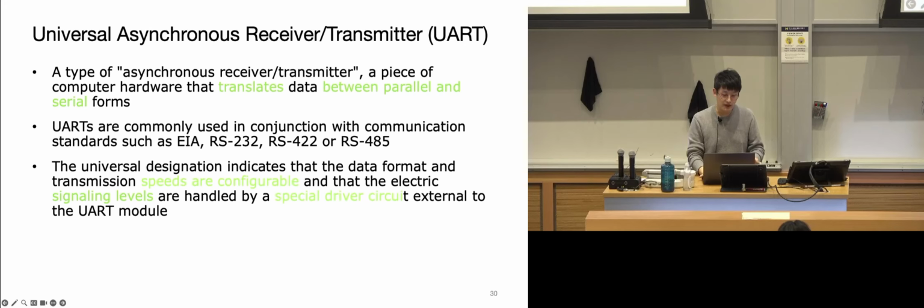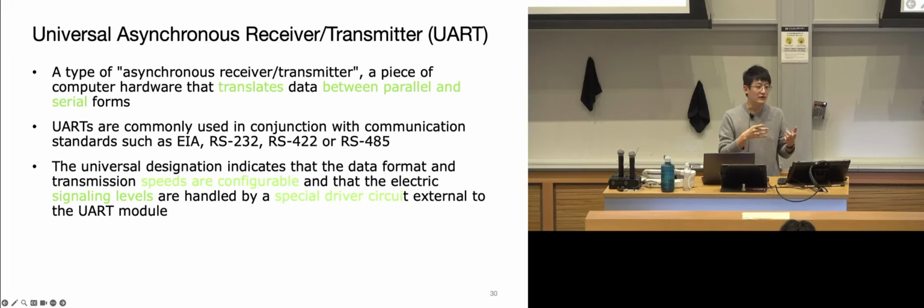It's commonly used in communication standards with these names. We don't have to remember them often. We're not going to test you on this. But what's important to remember is the speed of this protocol is configurable. You can choose what speed you have.